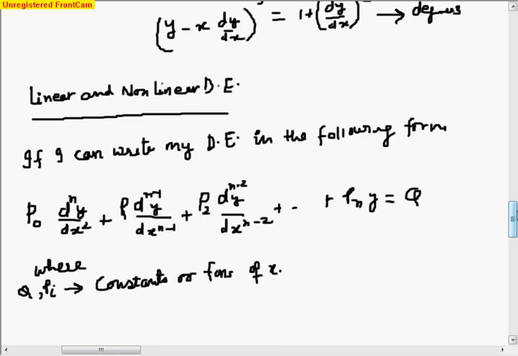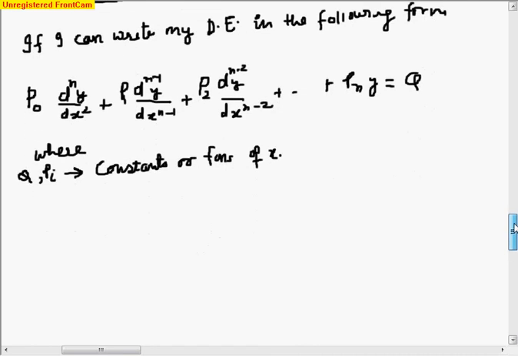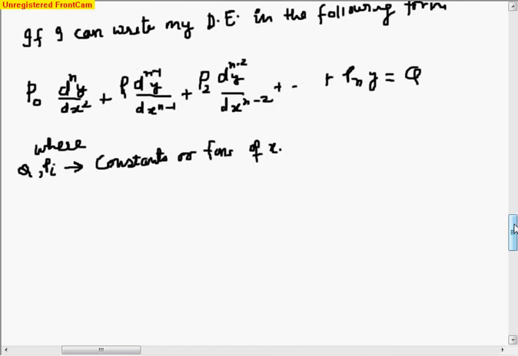This is the first thing. If I can write my differential equation in this form, then I say that the given differential equation is a linear differential equation.